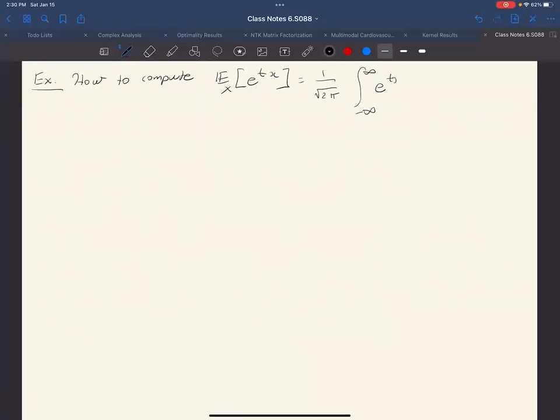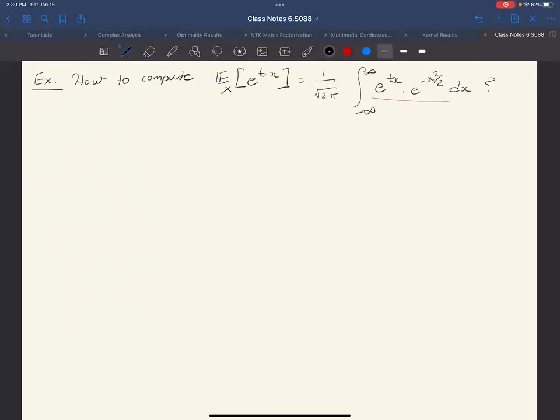This is the integral of e power tx times e power negative x squared over 2 dx. How do we compute this? Well, it looks tricky at first. There's a lot going on in this integrand, but the key thing to recognize is that we can use this trick of completing the square to evaluate this integral and use the fact that the integral of the density of the Gaussian is 1.